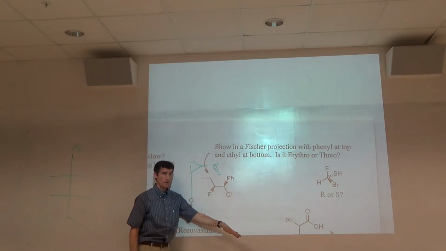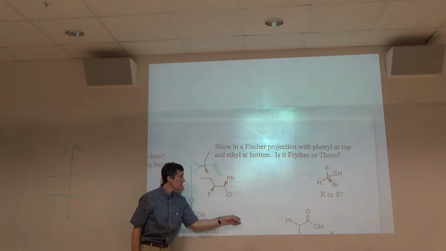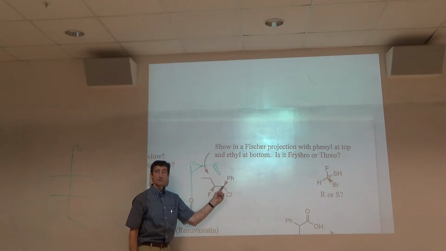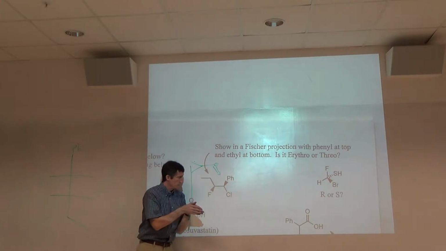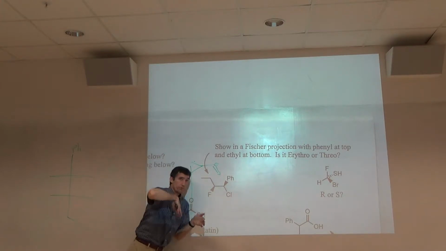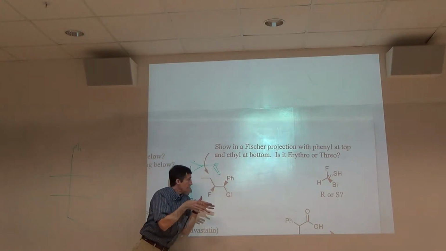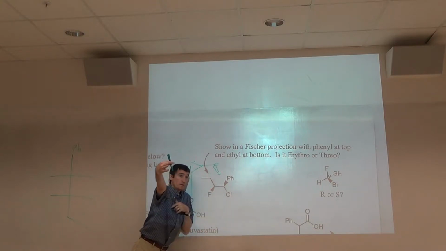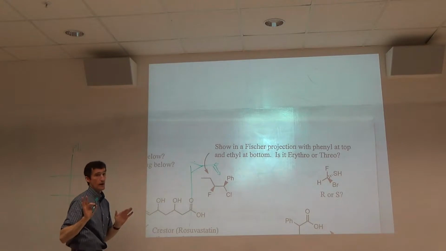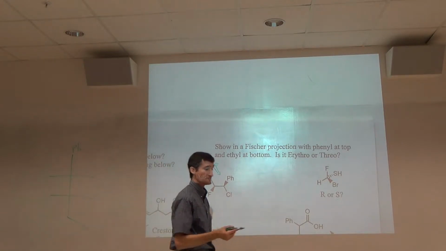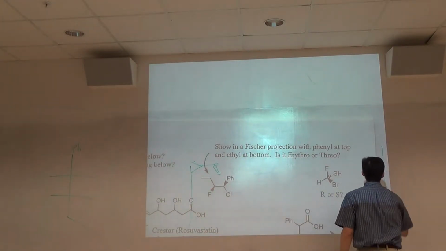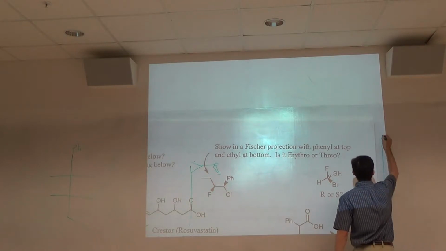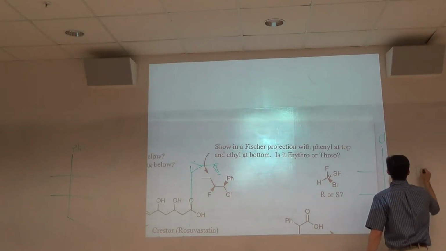Chlorine's going away. With the chlorine going away, what side's the phenyl on? Pretend I'm up there hovering. Right. Feet are on the ground, hovering up there. Chlorine's going away, the phenyl's coming out towards you, bold, so it's on my... This is what I'm going to do first. With the chlorine going away, phenyl's on the right.